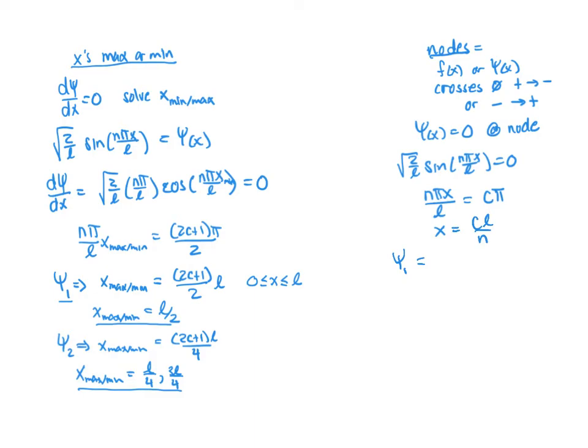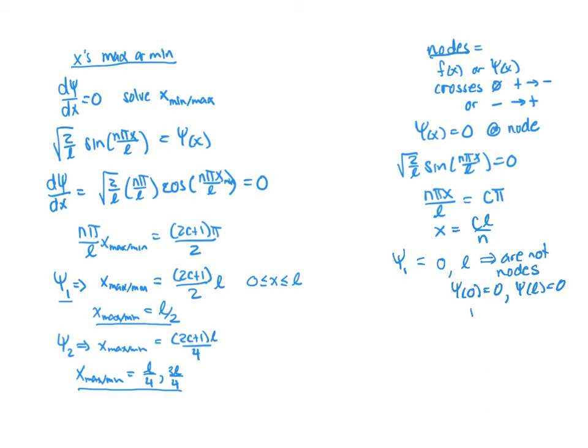So for psi 1, for my first wave function, c equal to 0 would give 0, right? C equal to 1 would give L. But here's the thing. 0 and L are not nodes because the wave function cannot exist past 0 or L. So even though psi equals 0 at 0 and psi equals 0 at L, it doesn't cross.